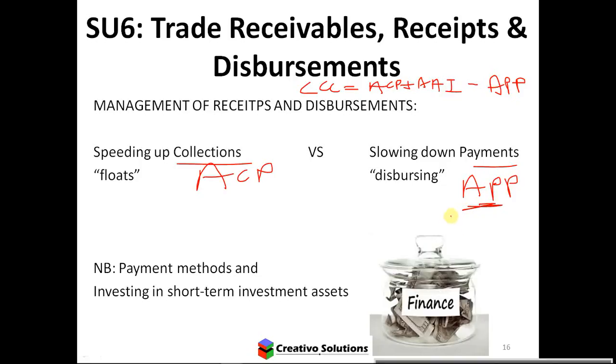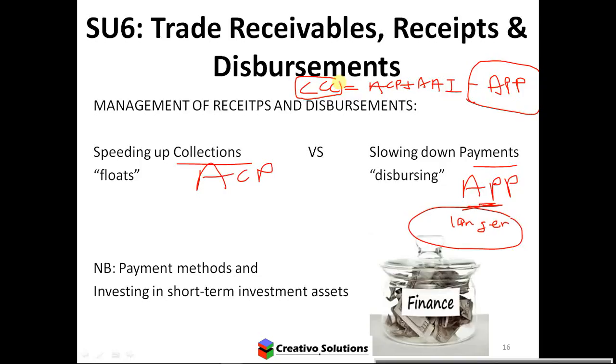Longer. The longer the period, the better. Why? If I have a longer period, I'll have a bigger APP. If the APP is bigger, I'm going to subtract a bigger amount, which is going to give me a smaller answer, and the smaller answer, the better. Why? Because the answer here represents the cash conversion cycle.